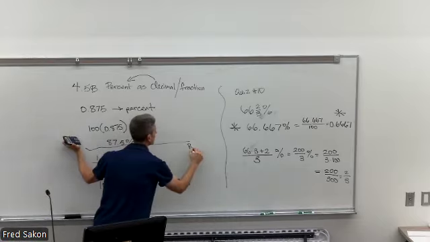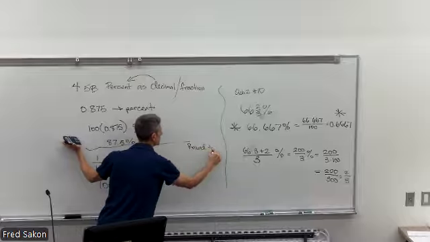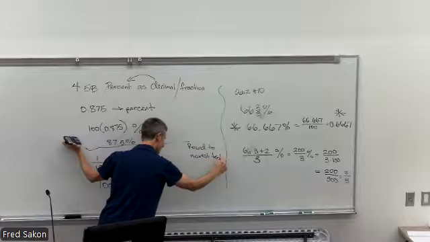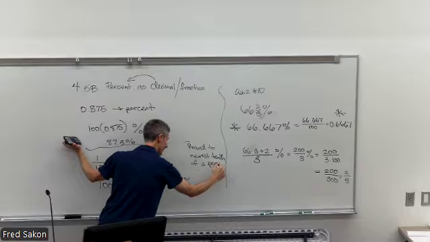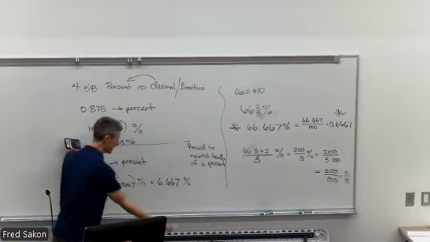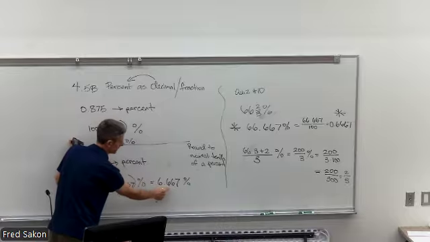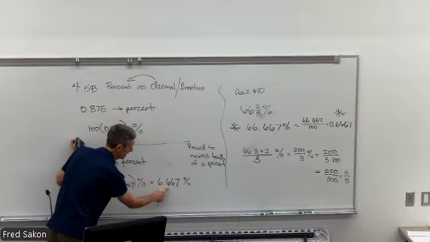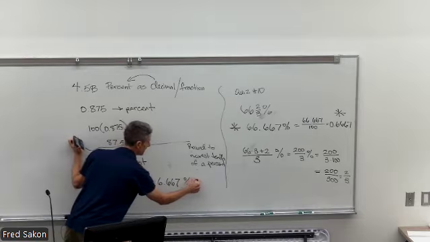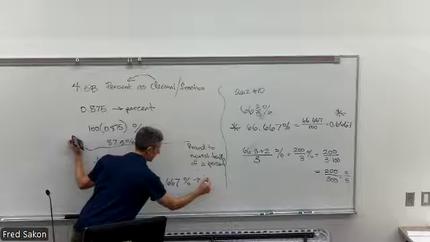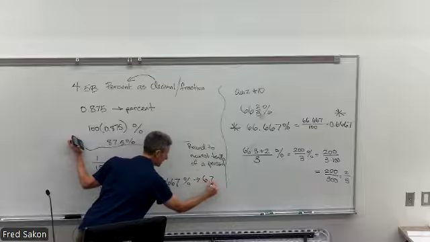Suppose I want to round to the nearest tenth of a percent. I need to be looking at my percent form and the 10th place of it. So here's the 10th place of my percent form. Then round up, because this next place is a 6, I'm going to do 6.7%.